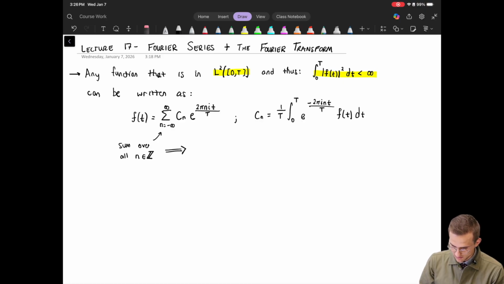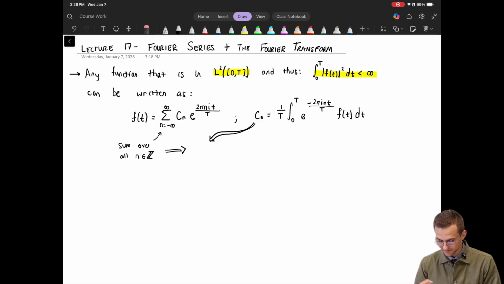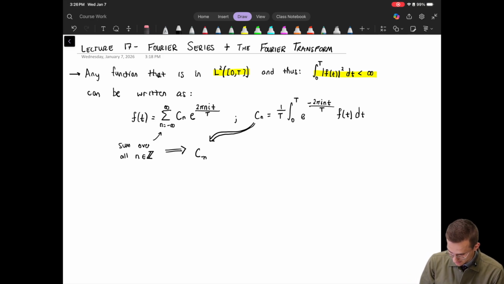Okay? And since that is the case, with the form of Cn here, if you plug in a negative n to that formula for Cn, it just changes the sign of the constant that's attached to the imaginary unit i, which is the same as taking the complex conjugate. So that means that C minus n is equal to Cn star, the complex conjugate.